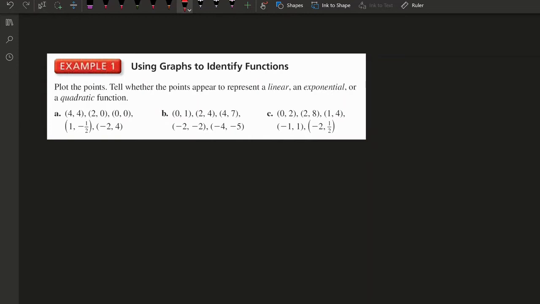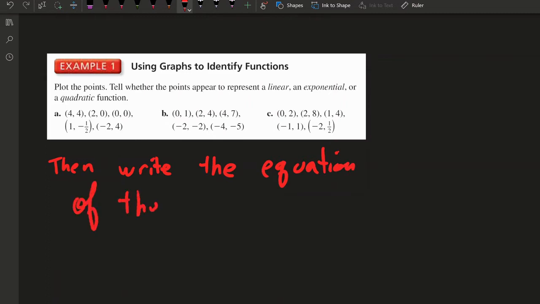Then write the equation of the function. Now, for Algebra 1 students that can't use technology, this can be a daunting task. However, we are going to use a technique called regression that's going to make this very, very easy for us.